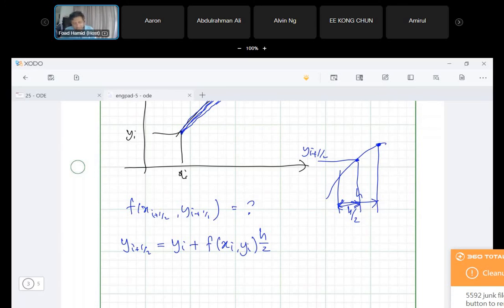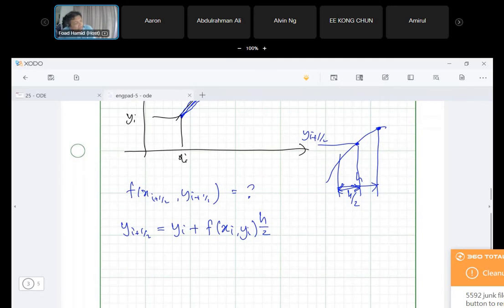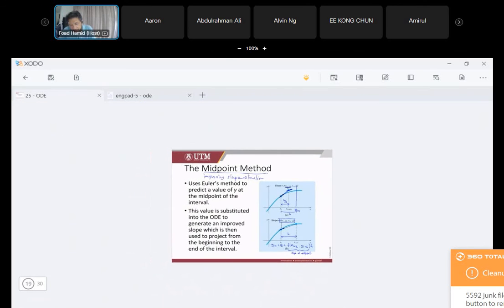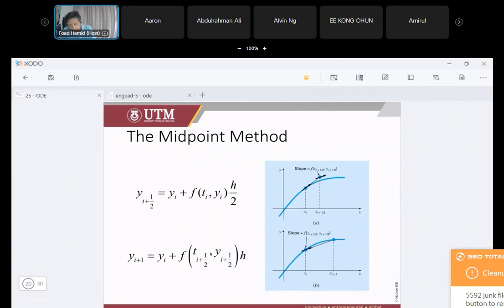Okay, so you can see that now it becomes y i plus 1 equals y i plus f of x i plus half, y i plus half, times h. Okay, so this is in the slide, but I think this is wrong. This is not t, but this is x i plus 1.